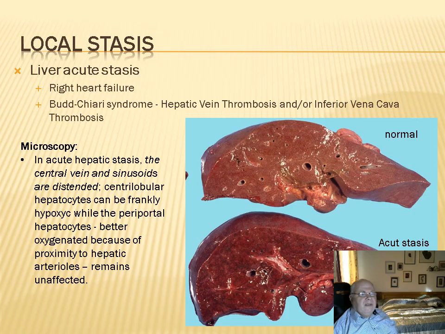The liver is an organ which can be affected by local stasis in an acute and in a chronic way. So both are possible. Acute means install rapidly but short in duration. Chronic means install slowly but very long in duration.